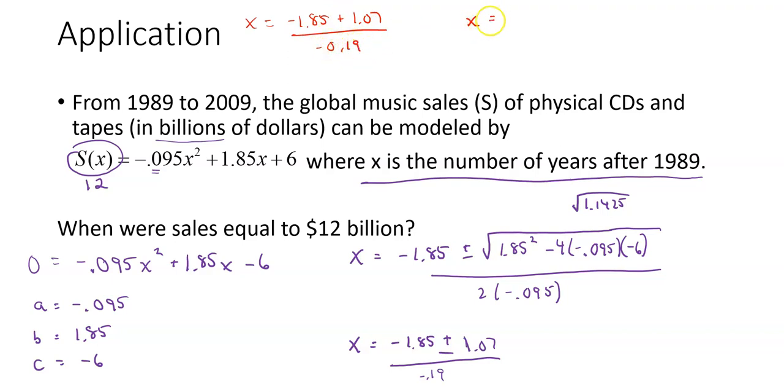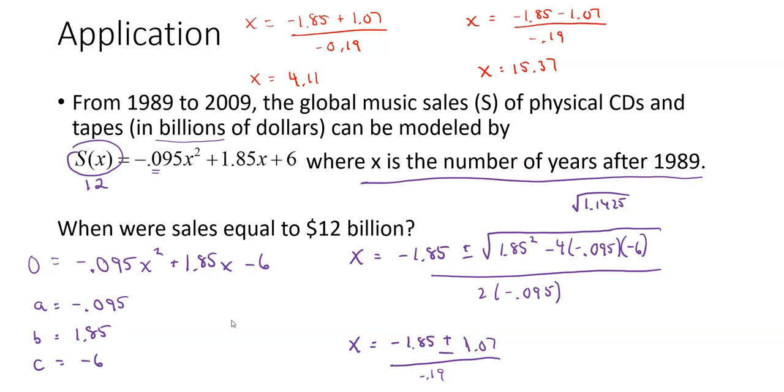The other possibility is that x equals negative 1.85 minus 1.07 over negative 0.19. Let's calculate each of them and then see if those answers make sense. I'll run through the calculations, you follow along, and let's see if our numbers match. I ran through this and I got 4.11 and 15.37.